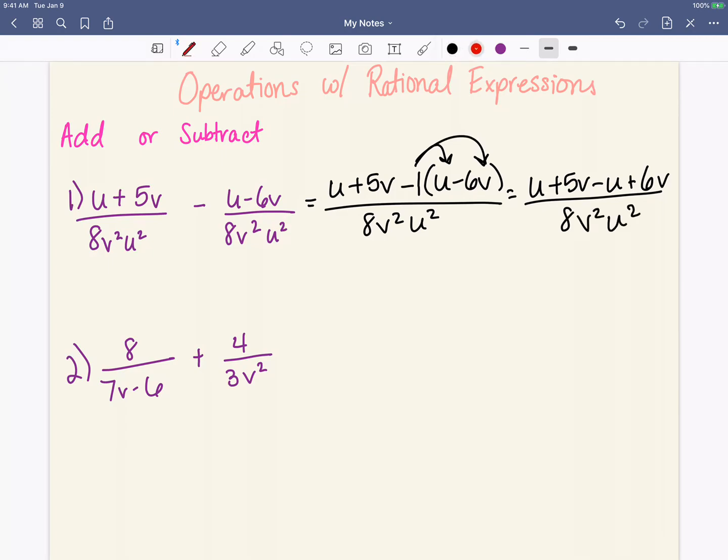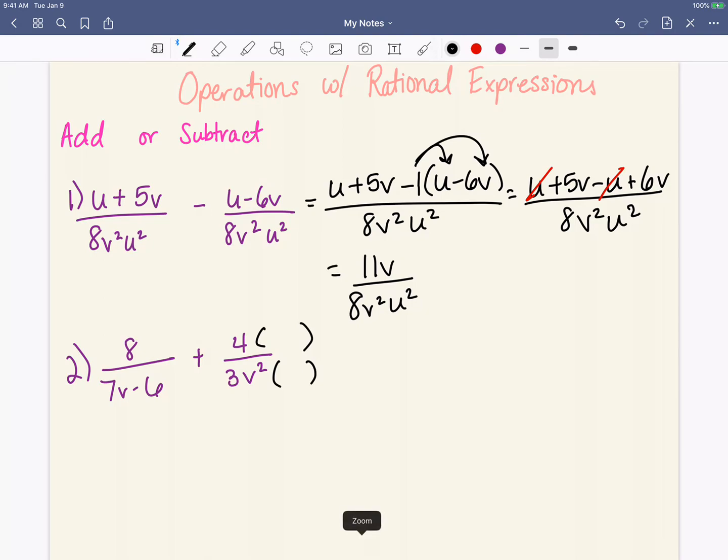So now I can see u minus u is going to cancel out. And 5v plus 6v is actually going to be 11v over 8v squared u squared. Now the second one, they do have two different denominators. So what we have to do is multiply to get the common denominator, the least common denominator.